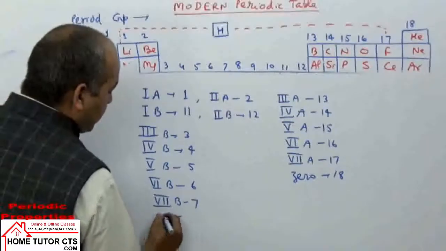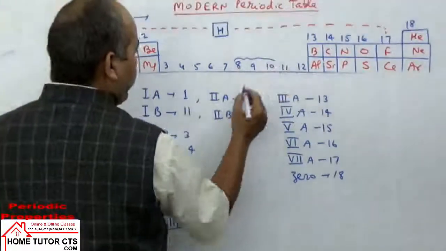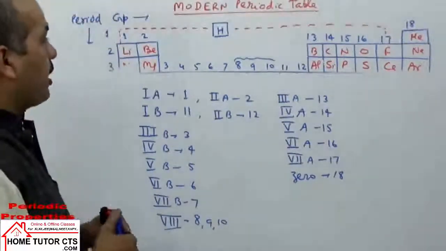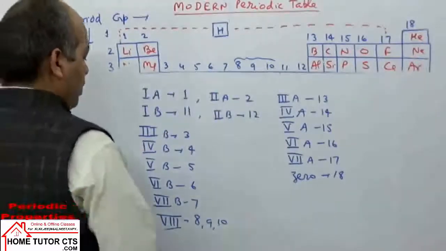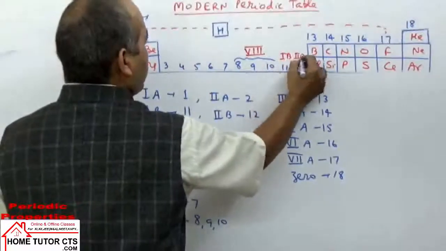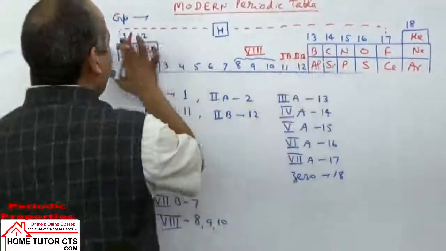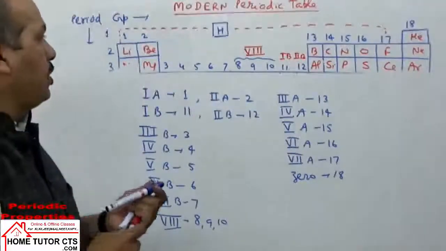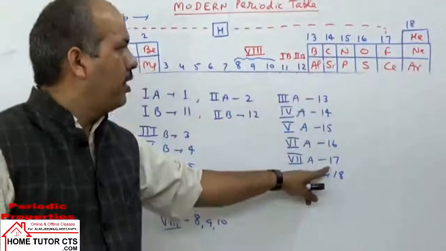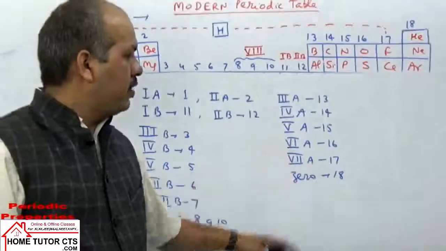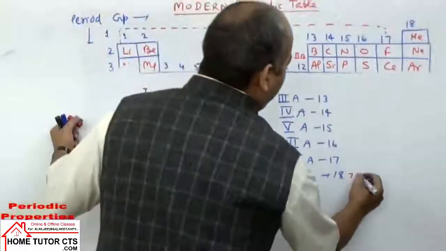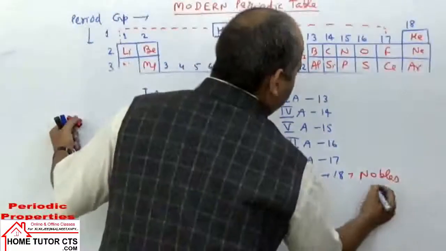Groups 8, 9, 10 together are taken as group number 8. 1 and 2 are taken as 1A and 2A respectively. 11 and 12 are taken as 1B and 2B respectively. They are all A's from 13 to 17: 3A, 4A, 5A, 6A, 7A. Group 0, or group 18, is called the noble gases.